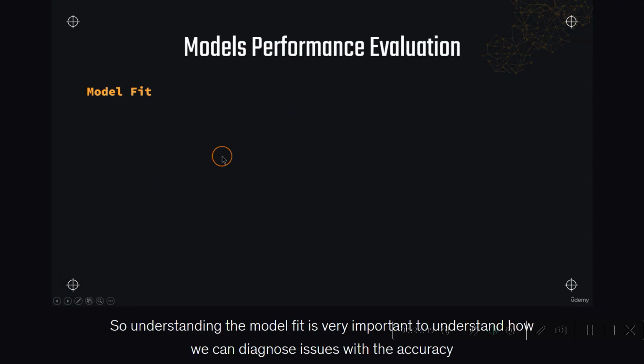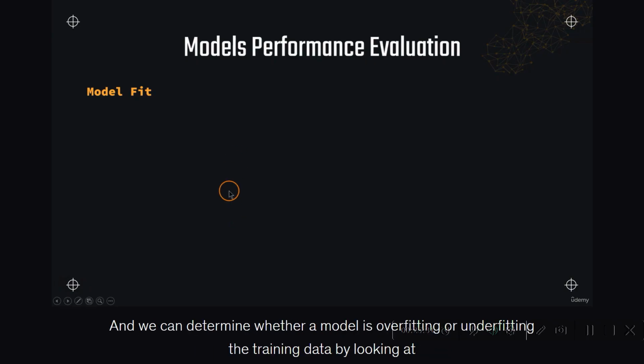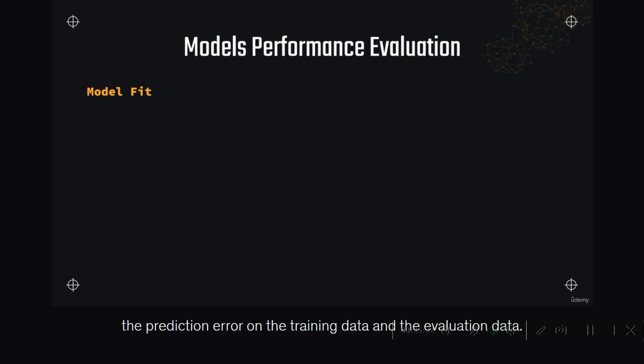Understanding the model fit is very important to understand how we can diagnose issues with the accuracy of our model. We can determine whether a model is either overfitting or underfitting the training data by looking at the prediction error on the training data and the evaluation data. So what does this mean, overfitting or underfitting? Let's first clarify this.